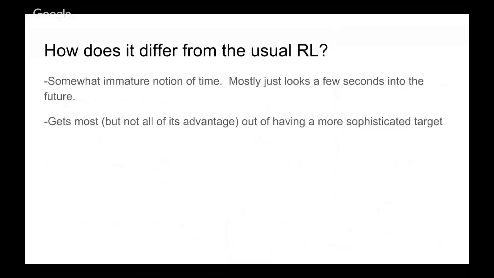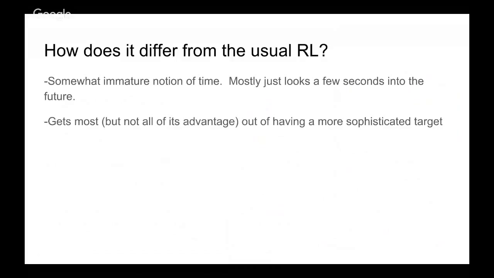Not so much. Now we're going to switch to something more of an open discussion of various issues that I wrote down. The first thing is, how is this different from typical reinforcement learning?